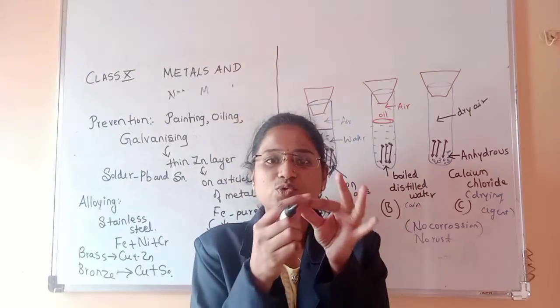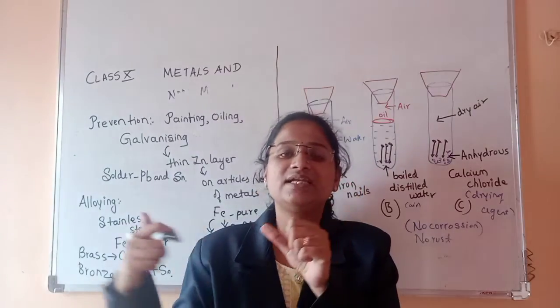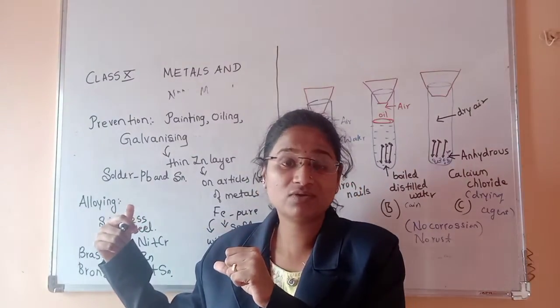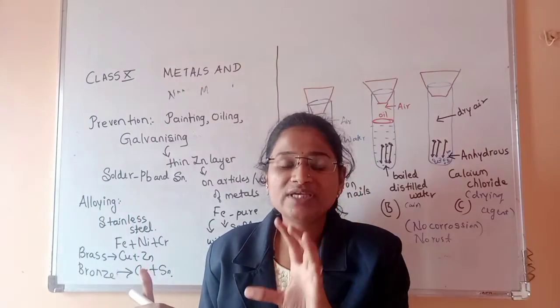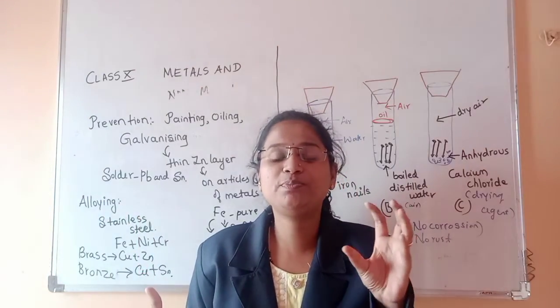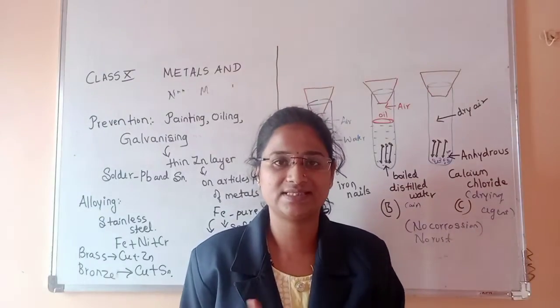To weld means to connect two wires. The soldering machine, what we say, uses solder. So alloying is also a process to prevent corrosion, we can say.